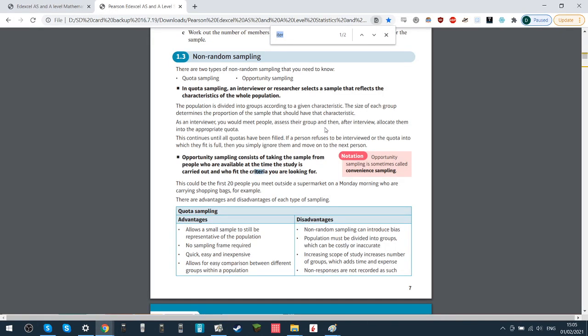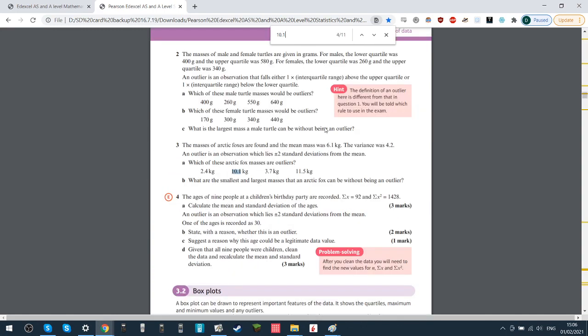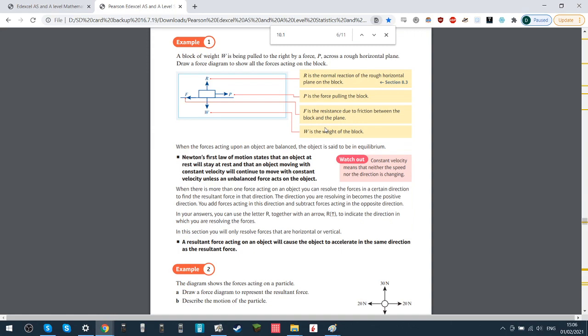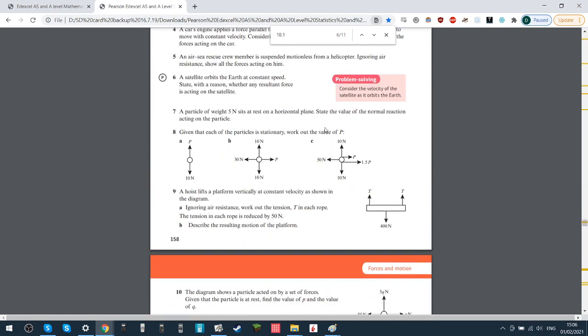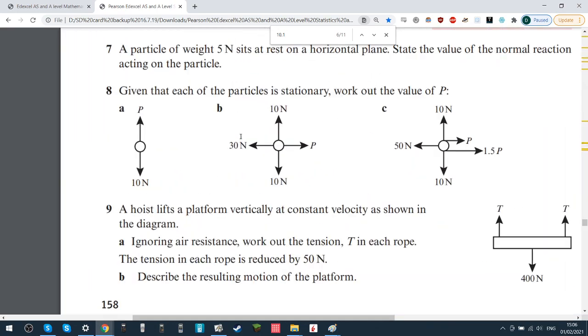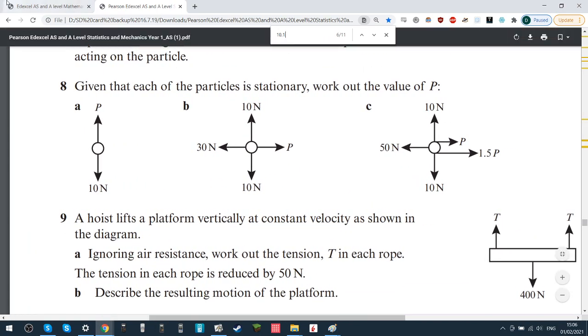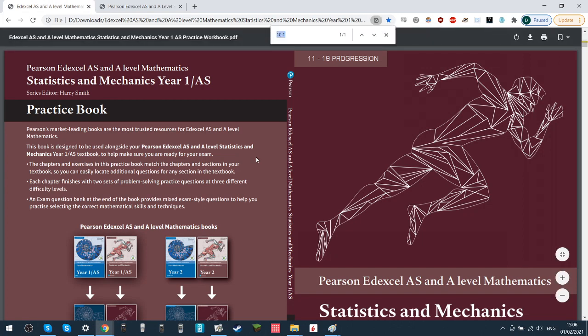This was 10.1. Okay. What is question 8? Hang on. Yeah, this one would be better to start with.